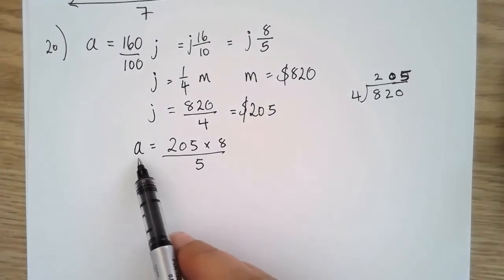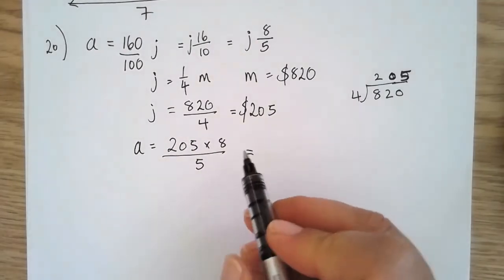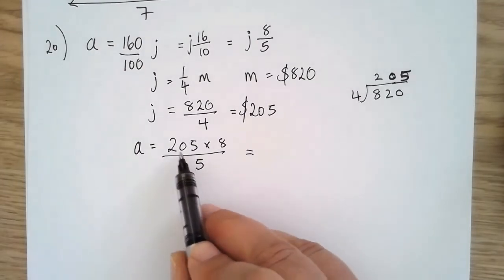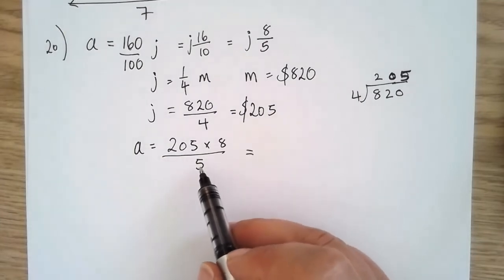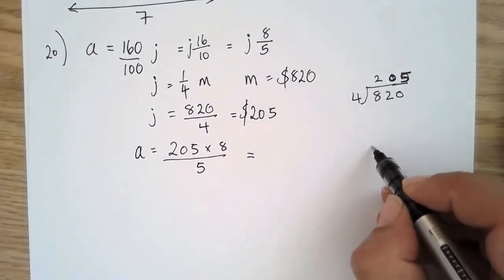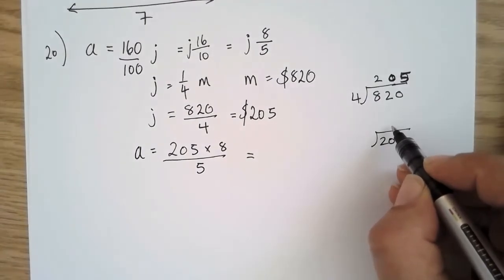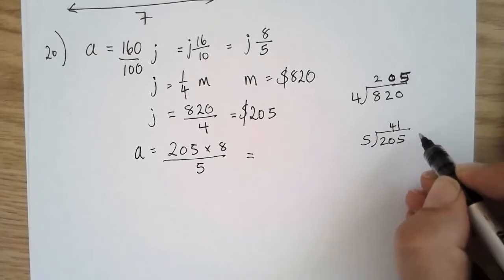So Anne's money, is it Anne? Yep. I substitute in Jeff's money, I multiply it by 8 and I divide it by 5. I don't really want to multiply 205 by 8 if I don't have to. And luckily I don't have to, because I'm going to divide by 5 first. 205 divided by 5 is 41.